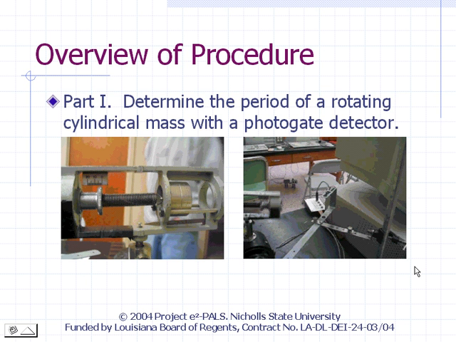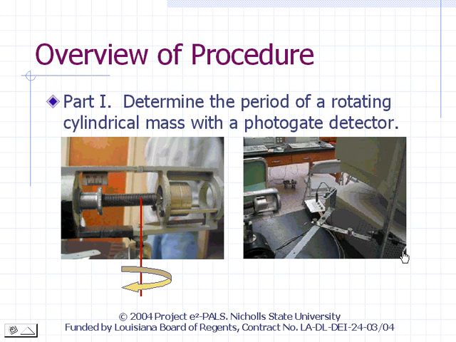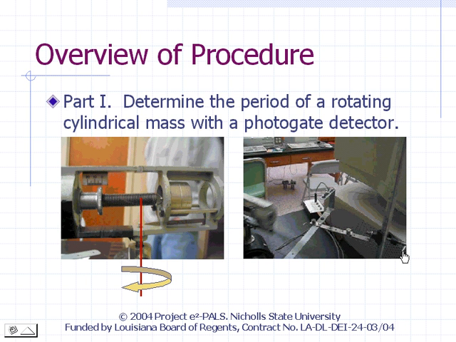The entire apparatus will be rotating using a variable speed motor. The axis of rotation is indicated by a pin in the middle of the apparatus. An opaque piece of plastic about 20 centimeters long and 2 centimeters wide is taped to one end of the centripetal force apparatus.